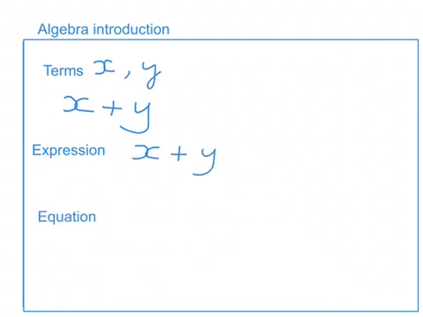And then an equation is where you've got an expression that has an equal sign in it and it tells you what it's equal to. So an equation would be x plus y is equal to 10, for example. So a term is just the value of x or y. Put two terms together, it makes an expression, and when you know what that is equal to, like this, it becomes an equation.